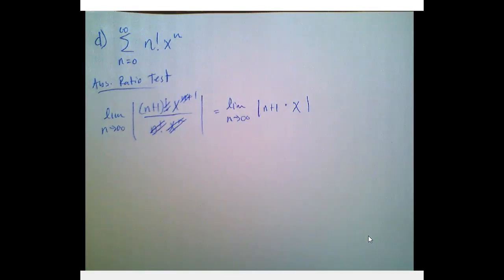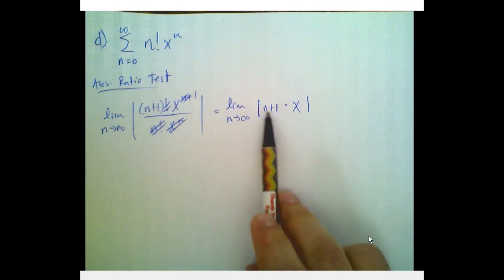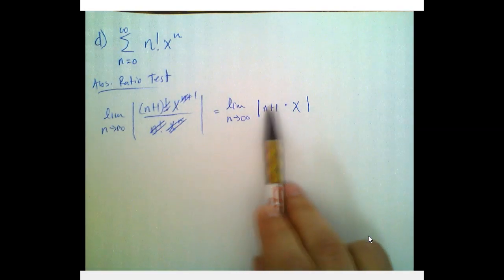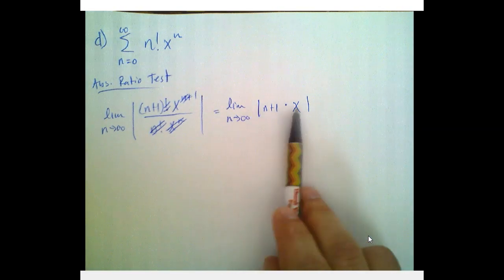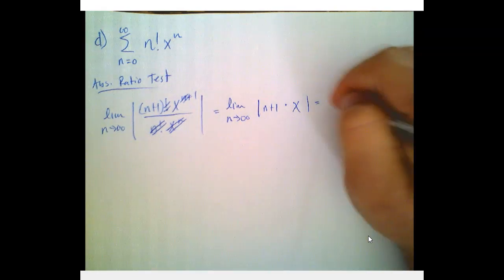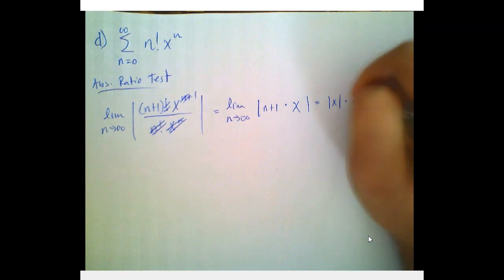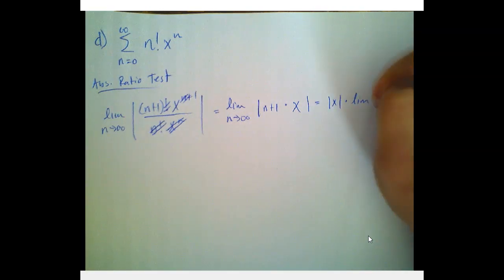The n factors cancel with those n. And again, n plus 1 is always positive, so we can pull him out. And since the absolute value of x does not depend on n, we can remove him from the limit. The limit as n goes to infinity of n plus 1.